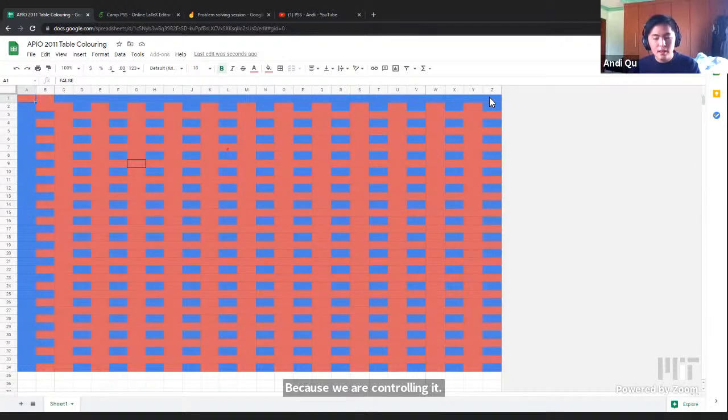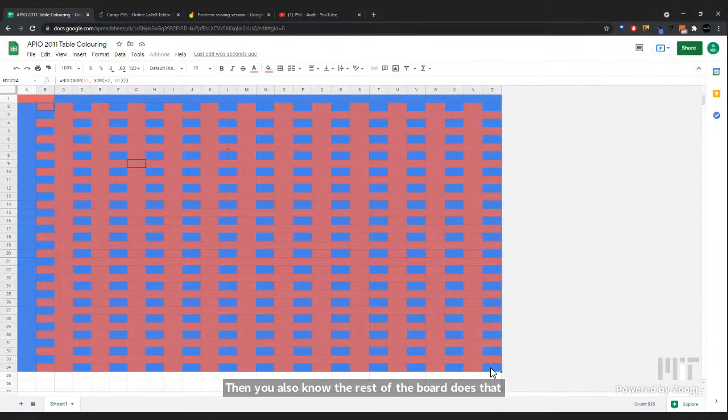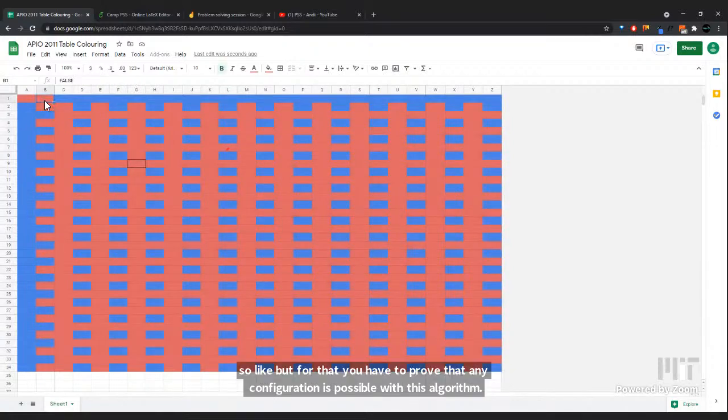So what I'm trying to say is if you know the top row and you know the left column, then you also know the rest of the board. Does that make sense? Okay, but for that you have to prove that any configuration is possible with this algorithm. How do you prove it? You don't need to prove that.